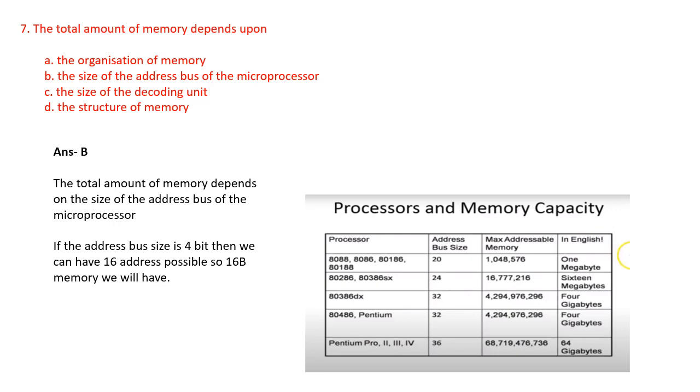Similarly, in the 80286 microprocessor, the address bus size is 24, so 2 to the power 24 would be 16 MB. So here we can see the memory address depends on the size of the address bus. The table itself is saying that the memory address depends on the address bus size. Move to the next question.